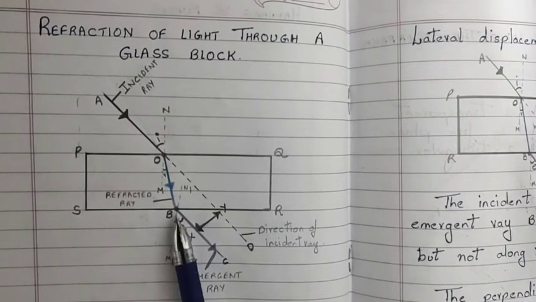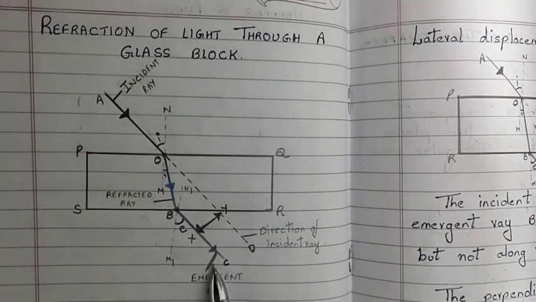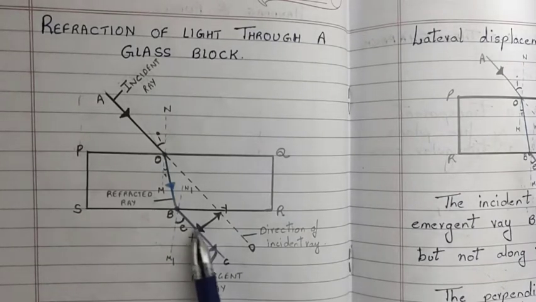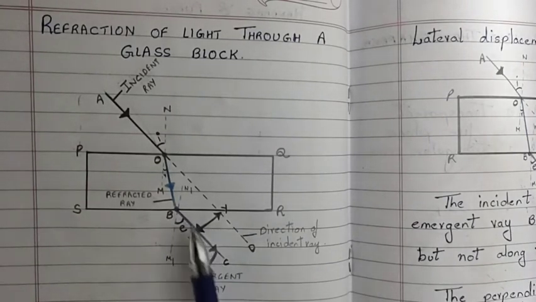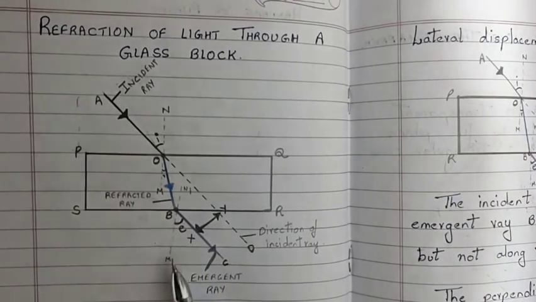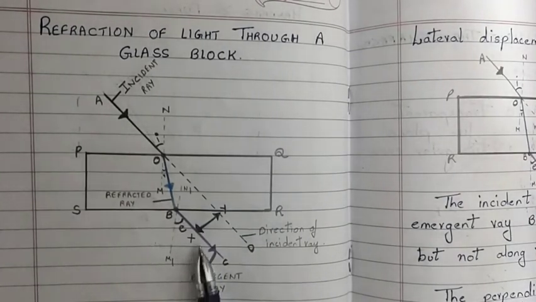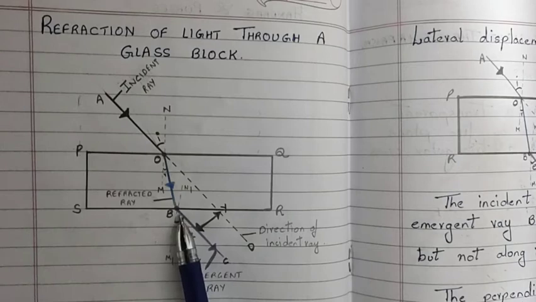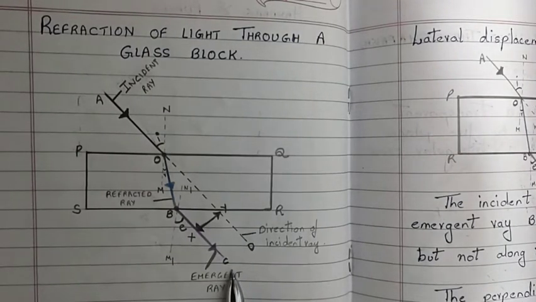Now again, when the light ray comes outside from the other side of the glass block, you can see that the speed of light increases and the light ray moves away from the normal, that is N1BM1. The ray coming outside the glass block from the other side is known as the emergent ray.